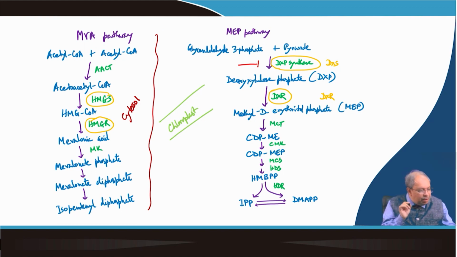So, this is in brief about the MEP and MVA pathway. We will not go into that much detail, as I said, where detailing is required, there we will move. Okay. Now, let me also give you another overview of this MEP pathway. So, what are the different products originating from the MEP pathway?